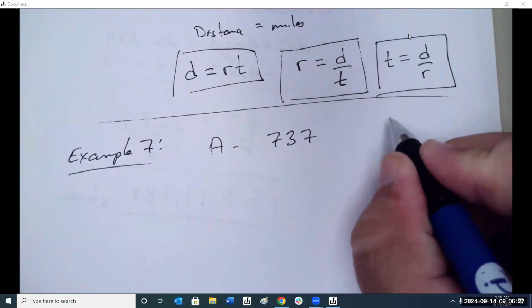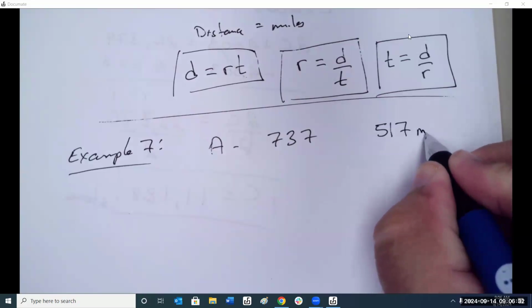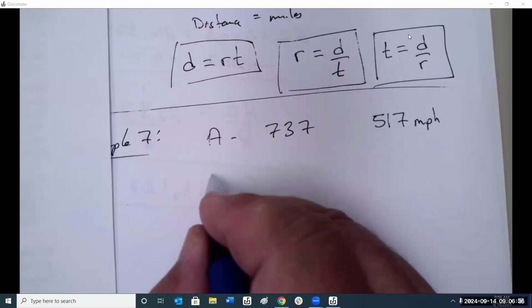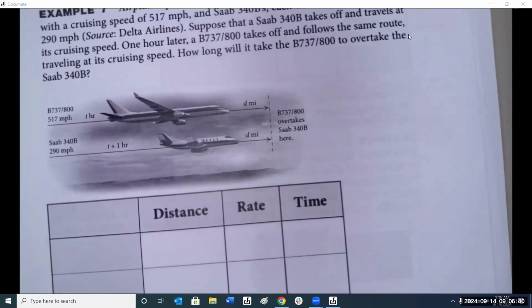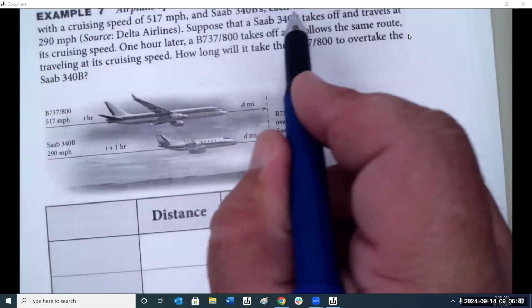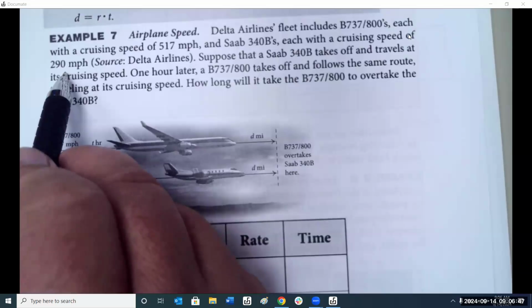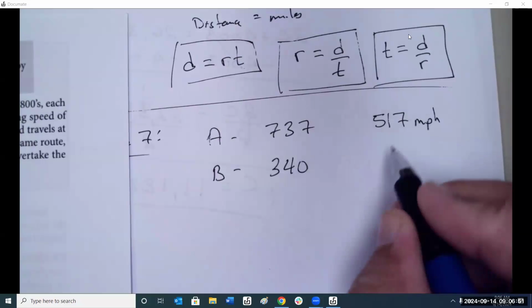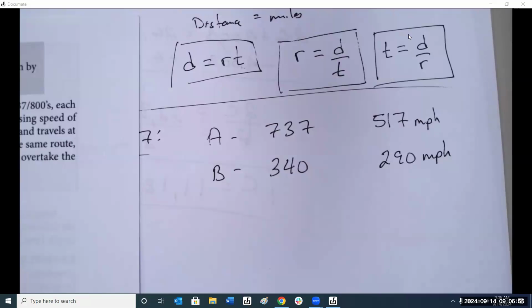Its speed is 517 miles per hour. The second airplane is the Saab 340B, and it has a cruising speed of 290 miles an hour. So this is the 340, and it has 290 miles per hour.